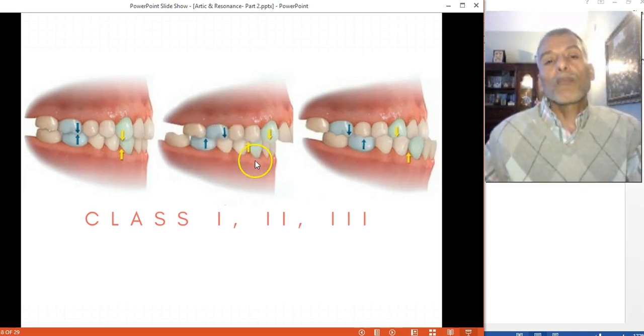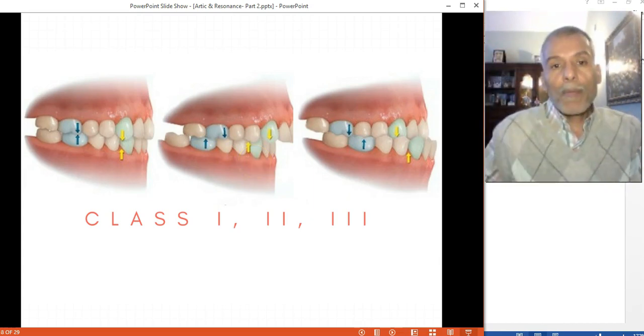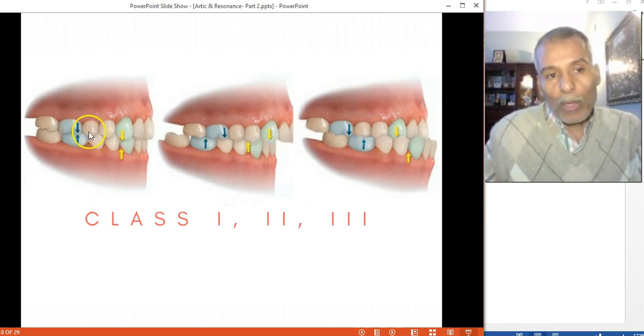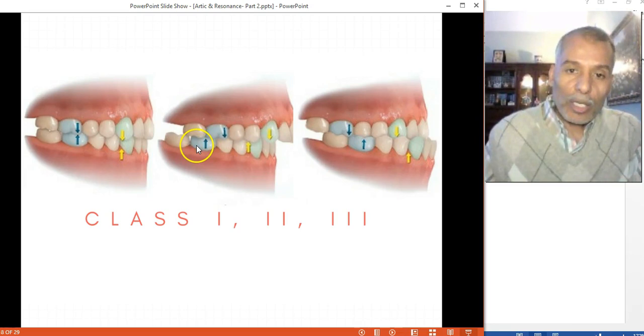So again, if you think about it, I think you can find an easy way to remember them. The normal, or class 1, is just half a tooth advanced, the mandibular. And then the second, which is this one, we call it overbite sometimes, or class 2 malocclusion, overbite. Sometimes it's called overjet. And you have one full tooth retraction.